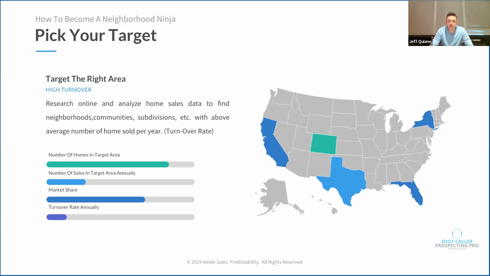What you want to look for is ones that have an above average number of homes sold per year, because that represents more opportunity than those with fewer transactions. So we can find the number of homes in a particular target area, then find the number of sales in that area annually.